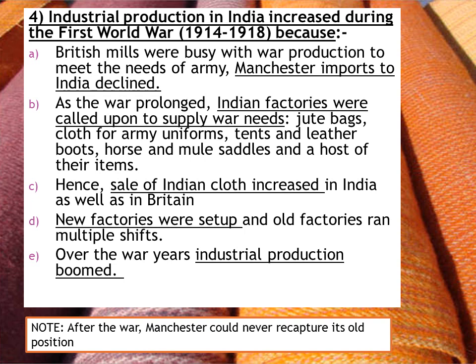For example, jute bags, cloth for army uniforms, cloth for tents, leather boots, horse and mule saddles, and a lot of other items. And as a result, sale of Indian cloth increased in India as well as in Britain. New factories came up in India and old factories had to run multiple shifts. That means they had to run in day as well as at night. So over these years, industrial production boomed.